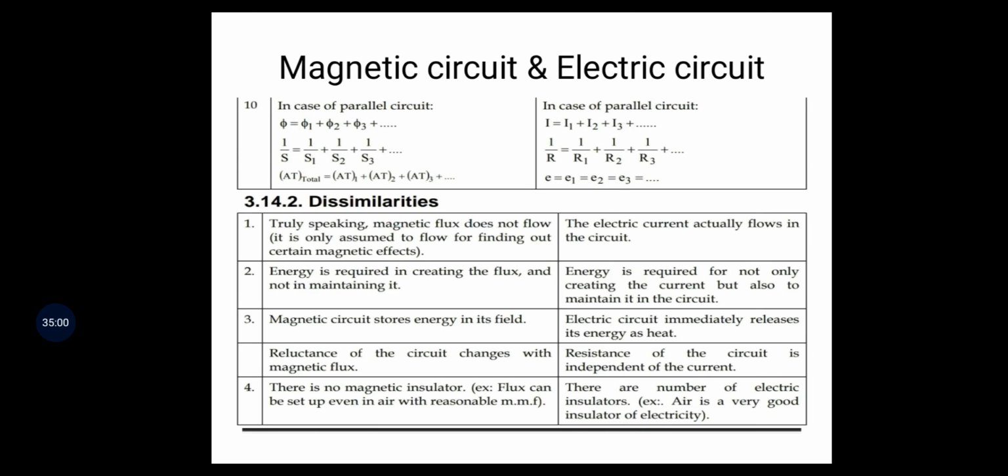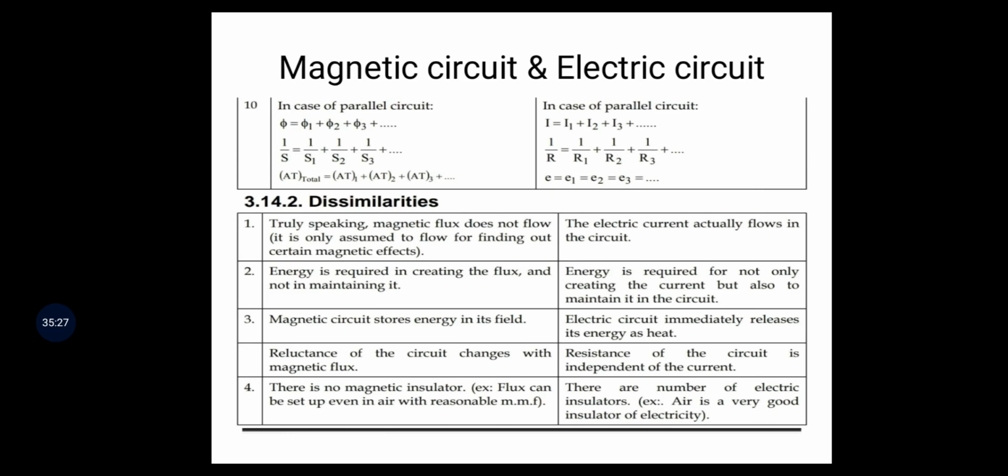Magnetic circuit stores energy in its field. Electric circuit immediately releases its energy as heat.